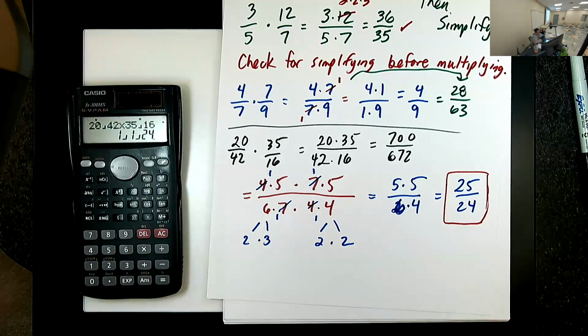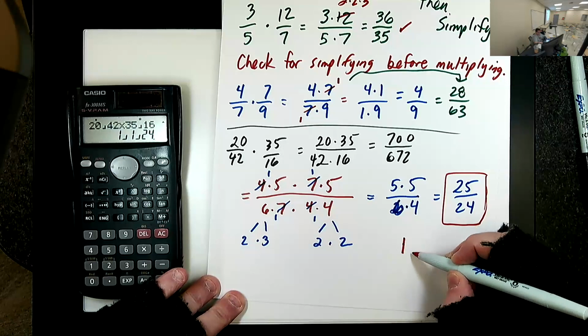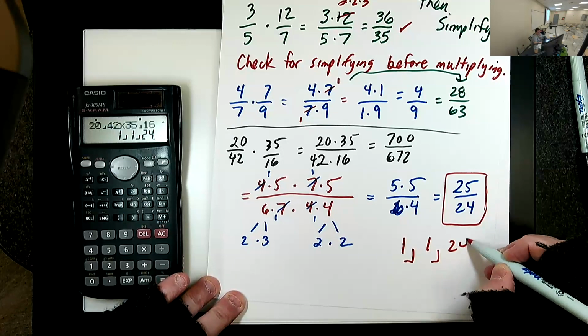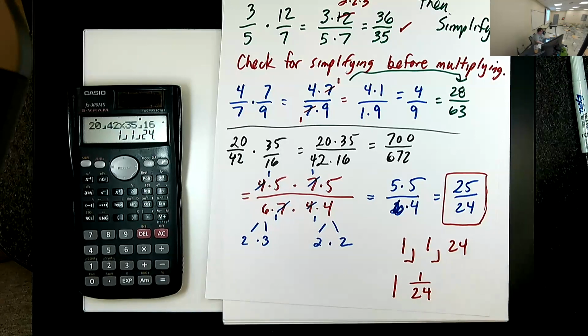This is showing me the printout from the calculator. That means 1 and 1/24, which is not how the computer is going to let you enter the fraction. Although you shouldn't end up with a mixed fraction like that in stats.